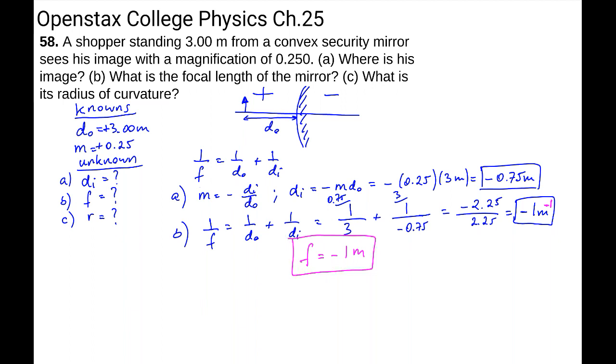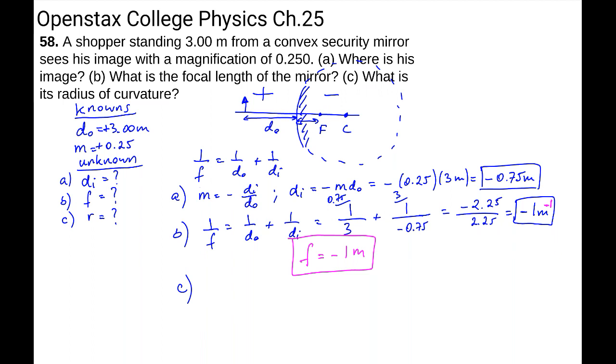Okay? All right, in part C, now we're looking for the radius of curvature. So remember that I said that this was the surface that the mirror was cut out of. It has a center here, it has a focal point there. We just solved for the focal point and said that that was negative 1 meter. So remember that the focal point is halfway in between the center of the curvature and the mirror itself.